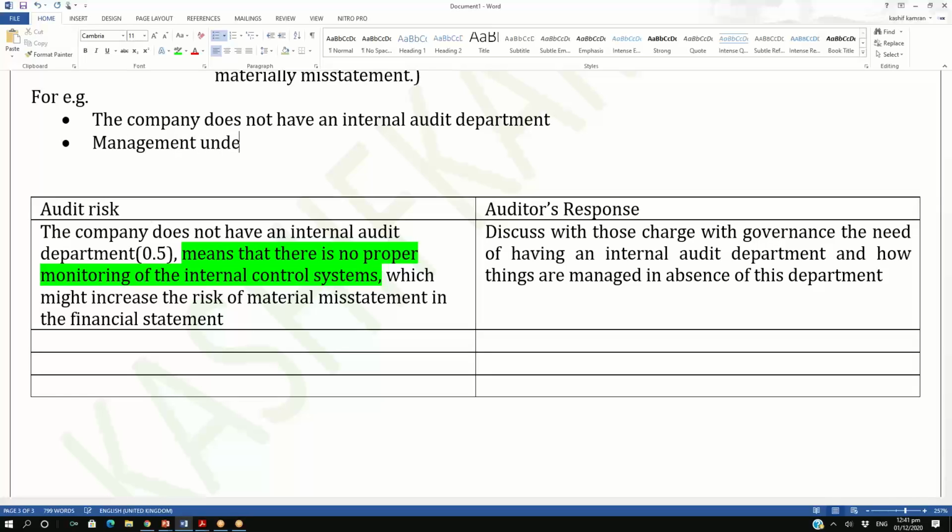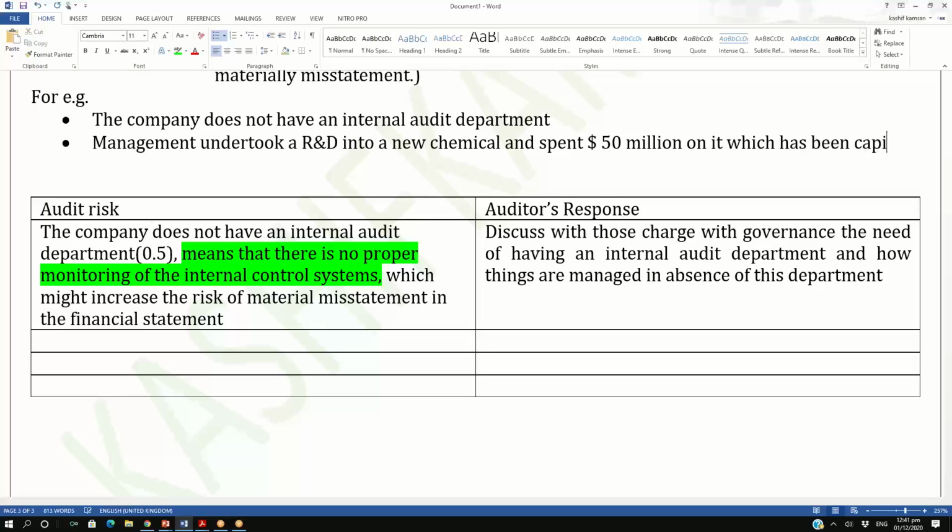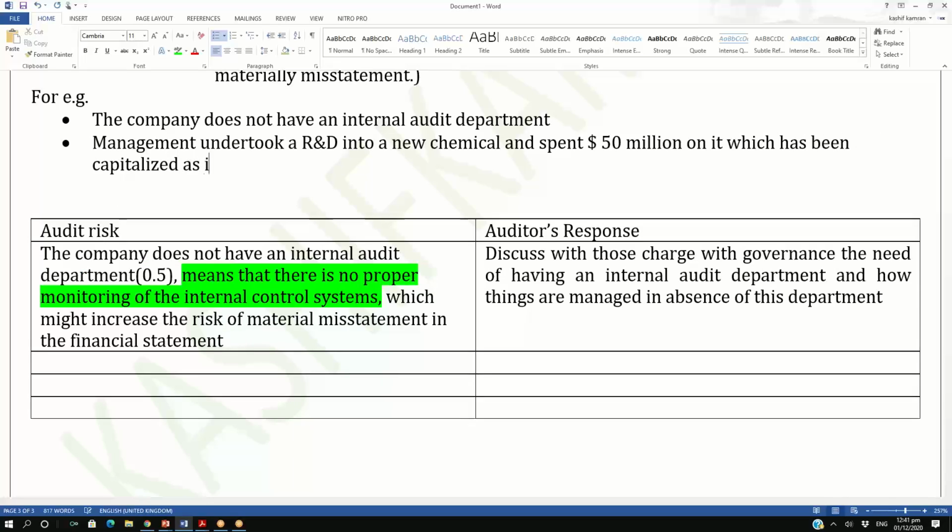the management undertook a research and development into a new chemical, and spent $50 million on it, which has been capitalized as intangible asset at the year end.